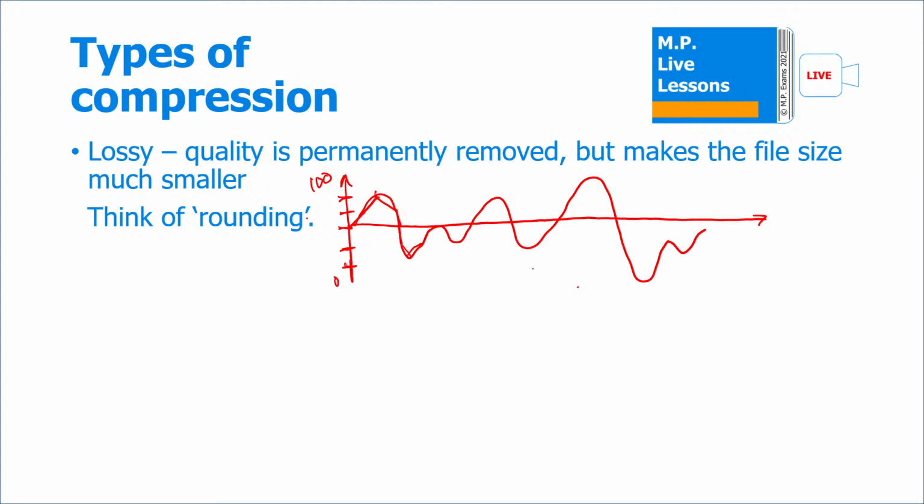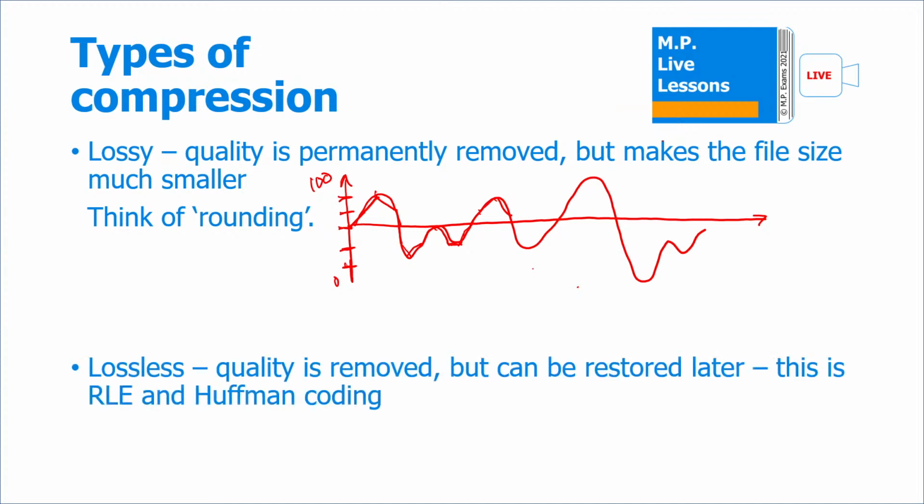And if you get these jagged things, you'll notice that the sound will sound much worse. And the one you're familiar with is lossless compression, so quality is removed, but it can be restored later to its original one. So this is run-length encoding and Huffman coding, but it doesn't compress a file as much as lossy compression.